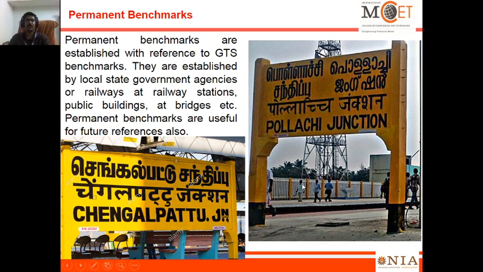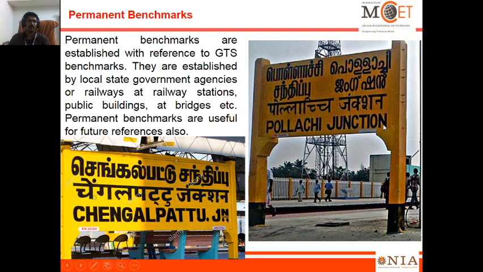You may come across many railway stations. There will be a board like this. You may or may not have seen some red color numbers. One will be the pin code of that area and another will be the MSL value, right? Here the Chengalpet station is around 37.41.